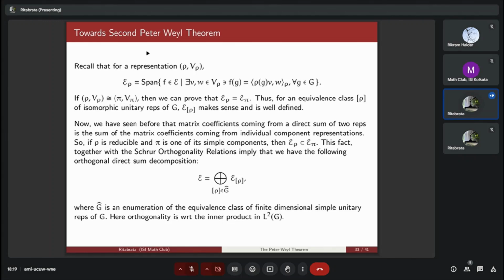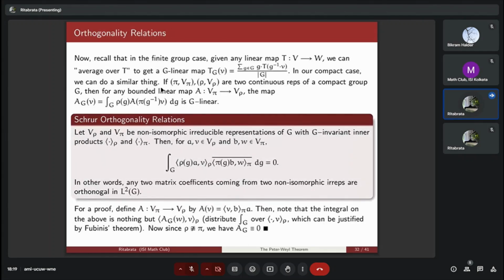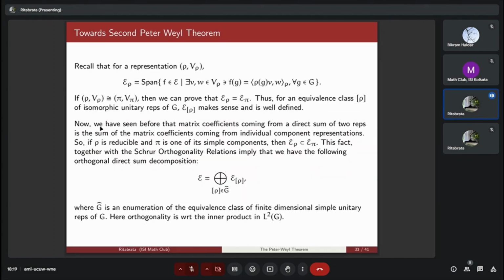The direct sum is because of the Schur orthogonality relation. That is, if rho and rho prime are not equivalent, then the spaces eta rho and eta rho prime are orthogonal, because any two matrix coefficients from non-isomorphic representations are orthogonal. So these collections will also be orthogonal.